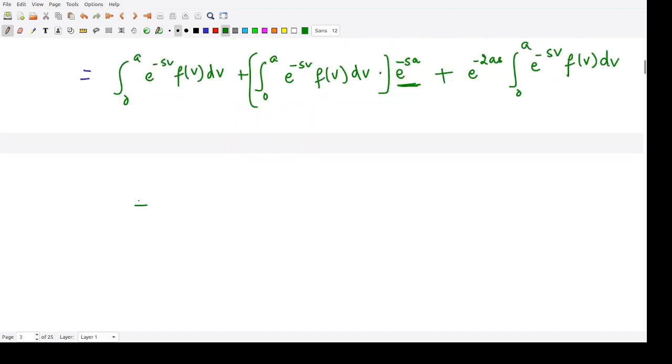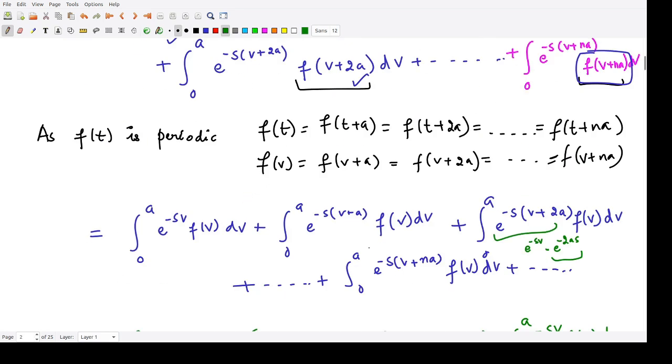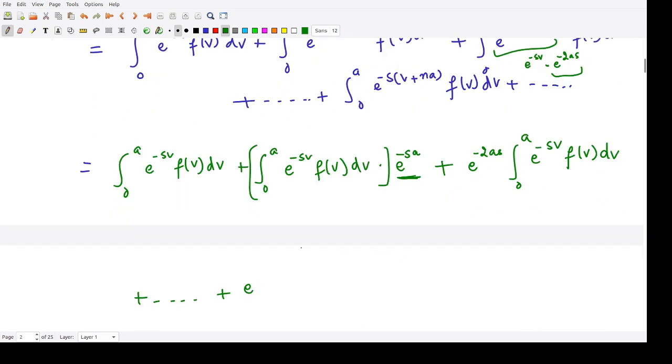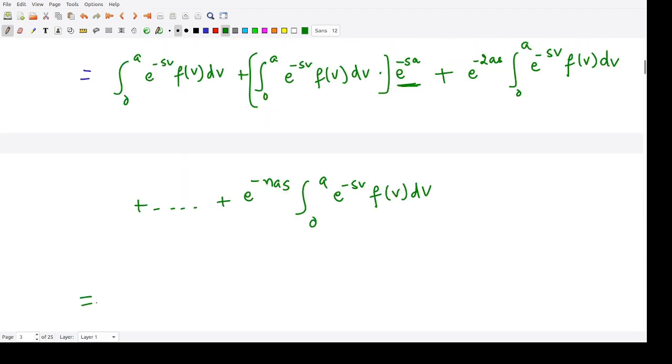You keep on doing this. For the nth term, you would have e to the power minus nas, integration 0 to a, e to the power minus sv f of v dv. So now you could take this term common, because this integral is the same as this one, and the same as this one.